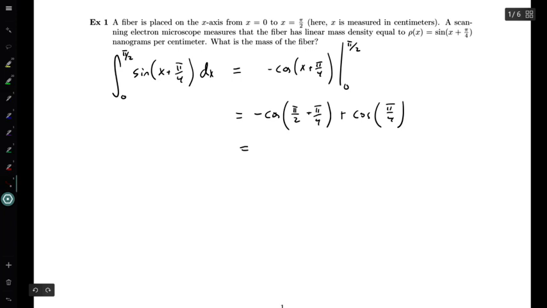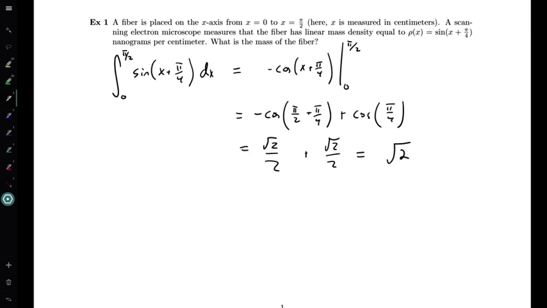In the argument for the first cosine, we have 3 pi over 4. Cosine of 3 pi over 4 works out to be minus root 2 over 2. So with the additional negative sign out front, that's going to give me a positive root 2 over 2. Cosine of pi over 4 is root 2 over 2. And so this is all going to give us the square root of 2.